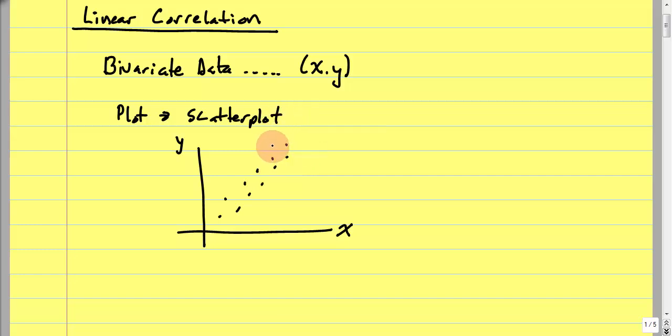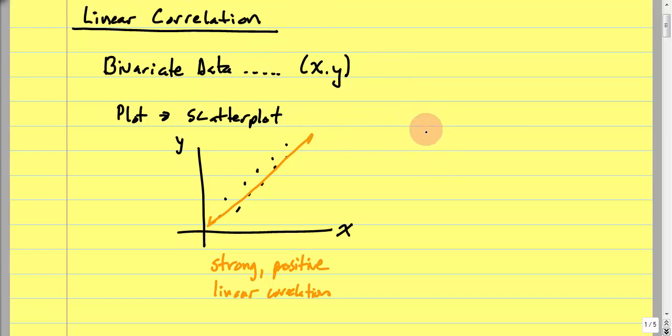If we look at the data set that we have here, I could very easily sketch a nice little line through here, so it does look like it has a linear correlation. I would specifically say it has a strong positive linear correlation. The reason we say it's positive is that the slope of this line is positive, so this is a positive sloping line.